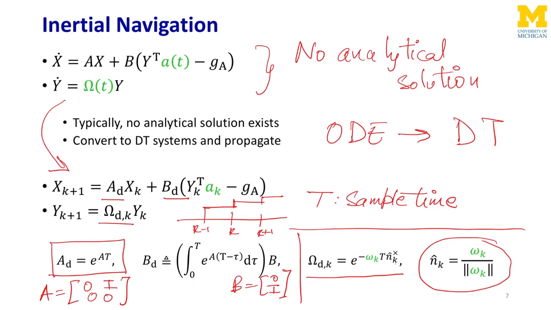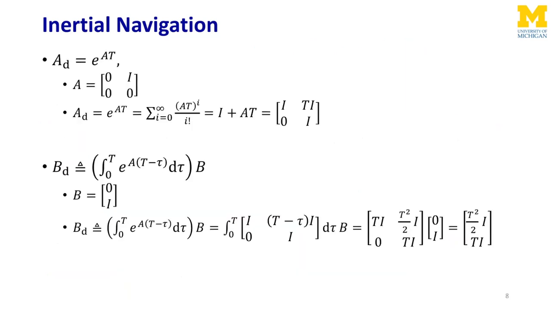and the attitude. Now, AD and BD are constants, and omega Dk is going to depend on the angular velocity at each step. So let's see what AD and BD are. So AD, as I showed you, is exponential AT, and A is given by this expression. Now, this is a very special matrix because if you square this matrix, you're going to get a 0.